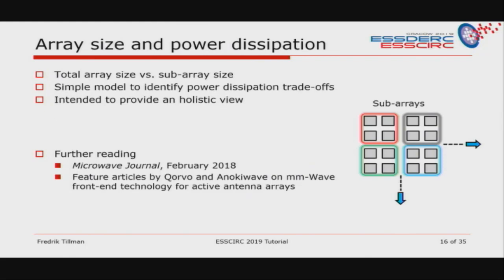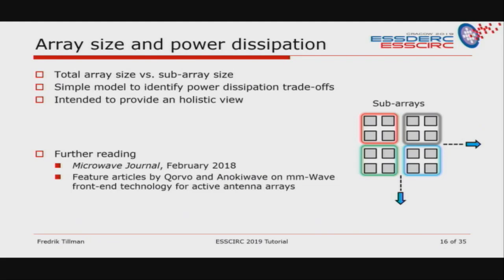If you go into the February issue of Microwave Journal, there's a very nice read from both Qorvo and Nanowave that also talks about this. And they do it from a more implementation point of view, where they, of course, promote PA solutions and so on. So I would recommend you to read up on that if you find this introduction of mine interesting to study further.